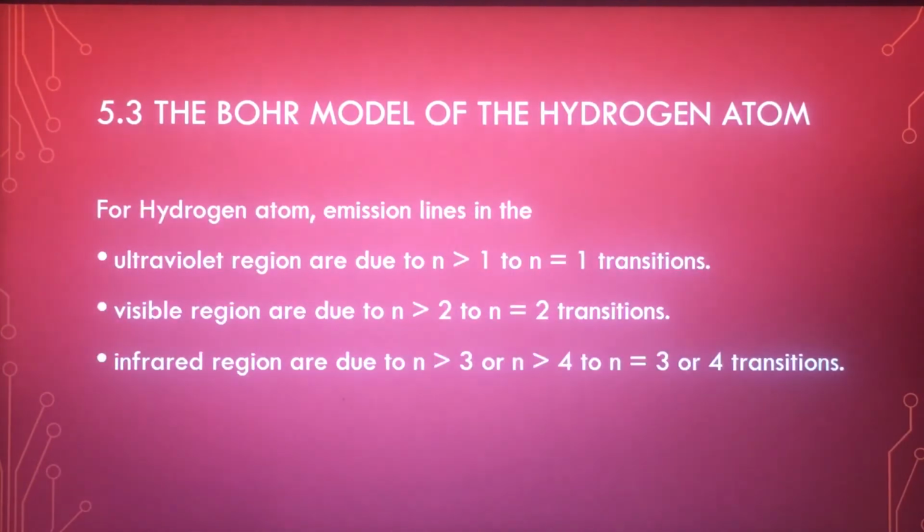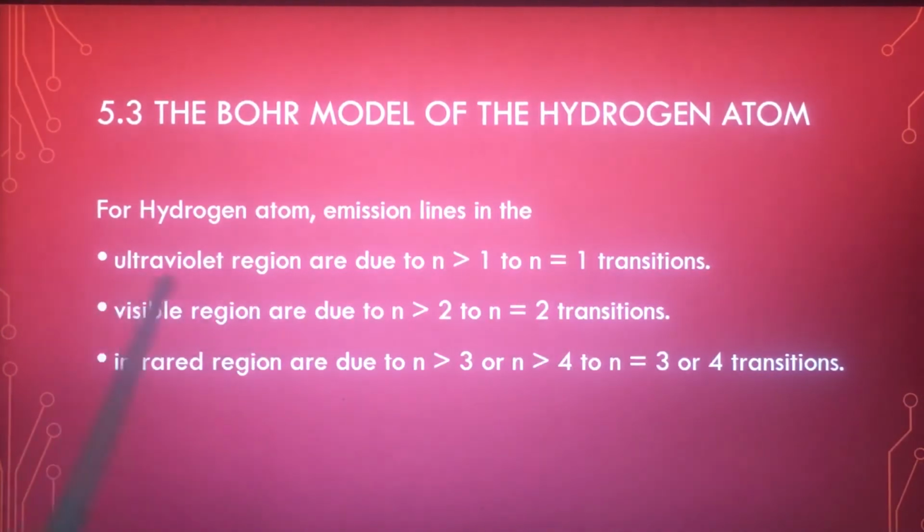For the hydrogen atom, the emission lines in the ultraviolet region are due to these transitions. If we try to recall the penultimate previous slide, we have n is equal to 6 going to n is equal to 1, n is equal to 2 going to n is equal to 1.